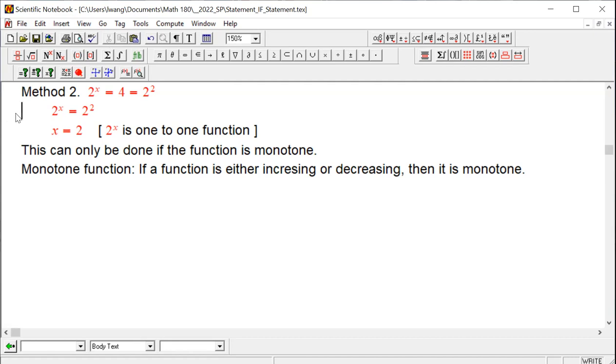Why? If you look at x as input and 2 as input, we're dealing with the function 2 to the power x. So for input x, output is 2 to the power x. For input 2, output is 2 to the power 2. One-to-one function means what? For different input, there are different output. And what's the opposite of that?